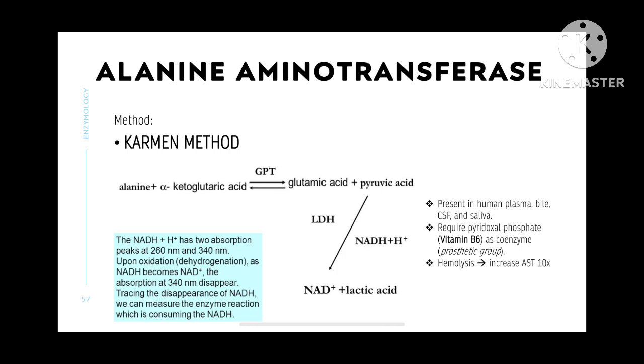The optimal pH for this is 7.3 to 7.8. ALT is stable for 3 to 4 days at 4 degrees Celsius, and it is relatively unaffected by hemolysis. The reference range for ALT is also 7 to 45 units per liter at 37 degrees Celsius.